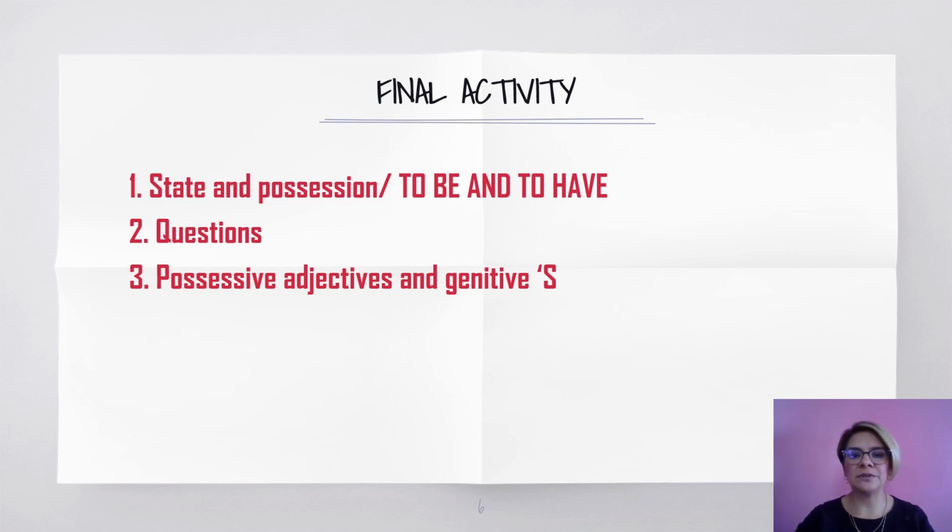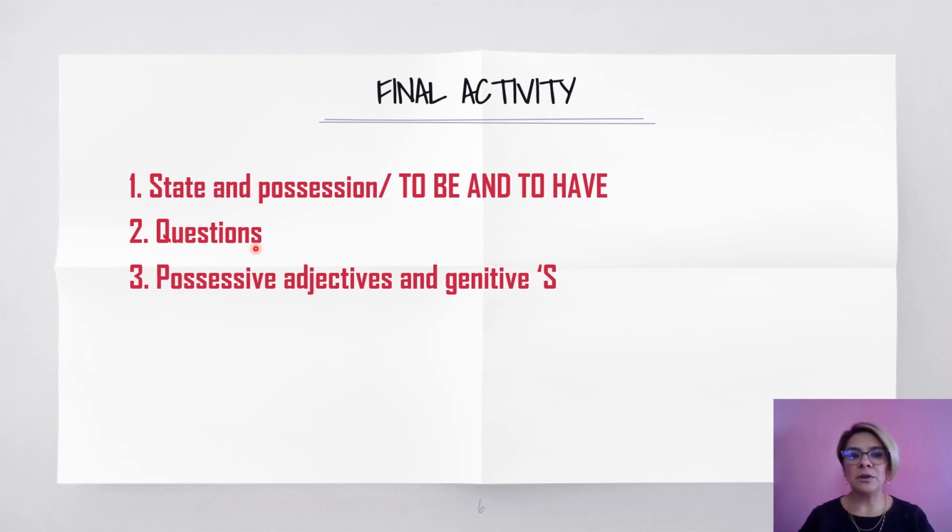Okay, so as this is our last lesson, and you can see that we use some other things that we were using in previous lessons, you are going to have a final activity in your virtual classroom. In this final activity, you are going to practice in a context, state and possession. That has to do with the conjugation, the correct form of verb to be and to have.